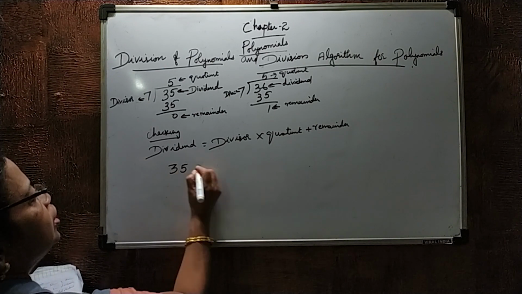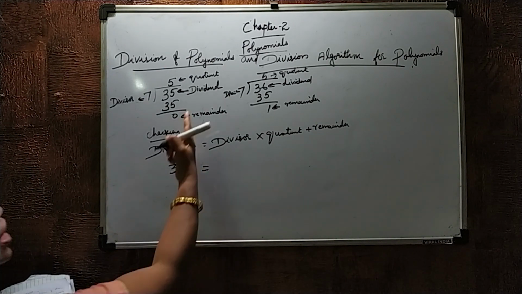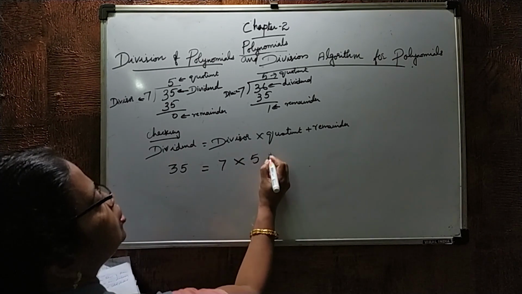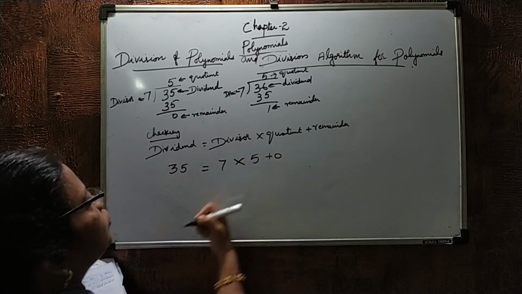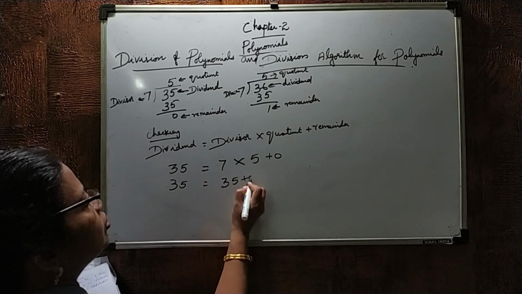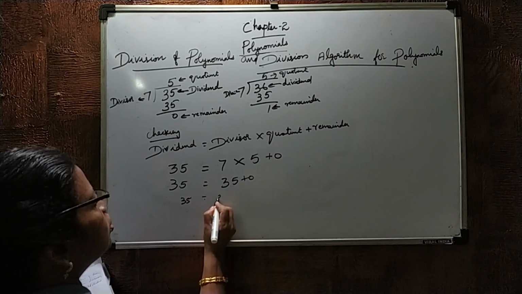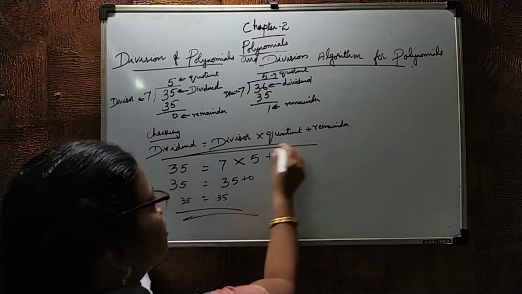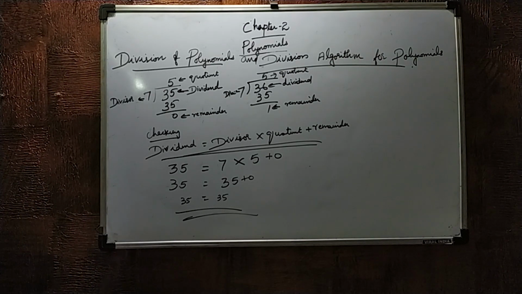So 35 equals divisor, 7, into quotient 5, plus remainder 0. You will get 35 equals 7 5s are 35 plus 0. 35 is equal to 35. That means this satisfies: dividend equals divisor into quotient plus remainder.